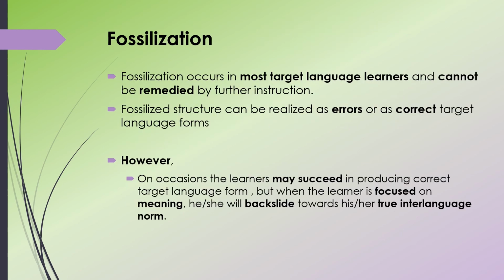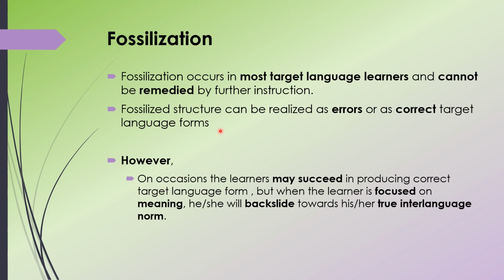So fossilization occurs in most target language learners and cannot be remedied by further instruction. So it cannot be remedied by further instruction, because fossilized structures can be realized as errors or as correct target language forms.